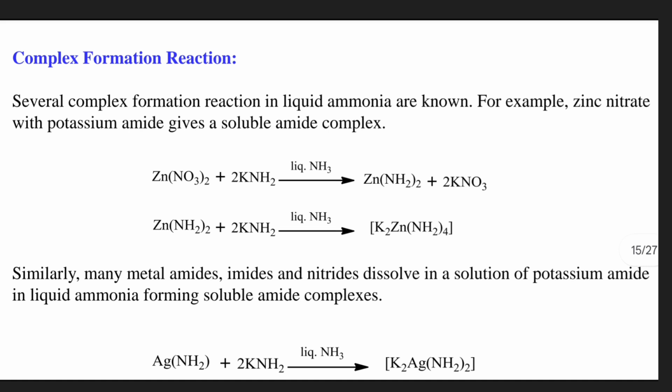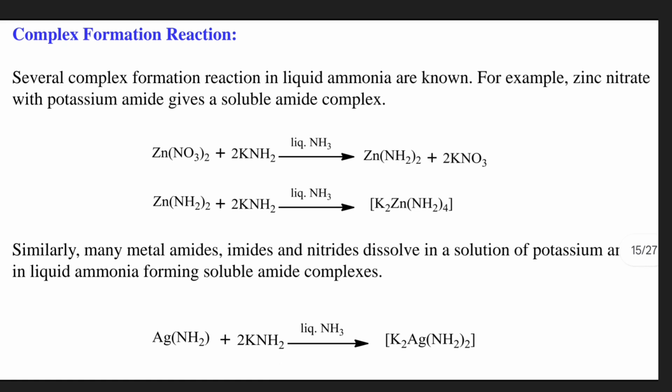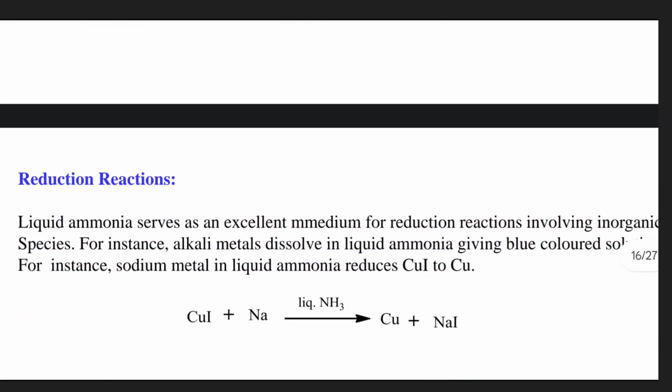Complex formation reaction. Several complex formation reactions in liquid ammonia are known. For example, zinc nitrate with potassium amide gives a soluble amide complex. Similarly, many metal amides, imides and nitrides dissolve in a solution of potassium amide in liquid ammonia forming soluble amide complexes.